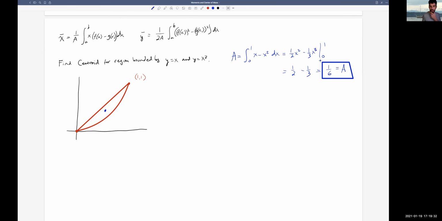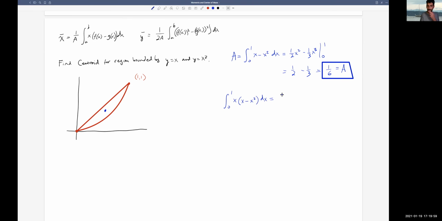All right, now let's compute our 2 moments. So these are the integrals for the centroid; they're not quite the moments anymore because we did that cancellation of density and all of that. So first I'm going to compute this integral for x bar. I need the integral from 0 to 1 of x times x minus x squared dx.